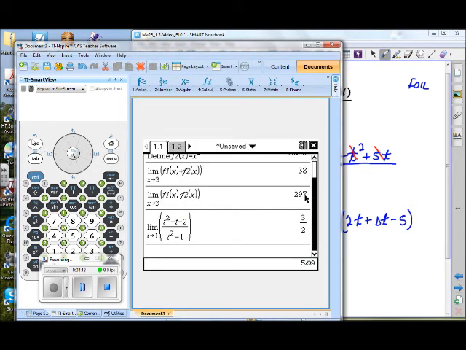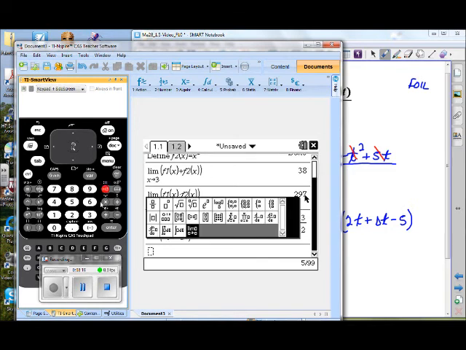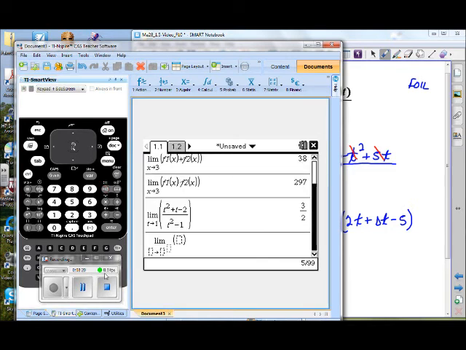So maybe it would help. Let's go back and look at this problem. We're going to go to the template again, and I want to say delta t. I can't use delta t. I've got to find something else. What would be a good variable here?